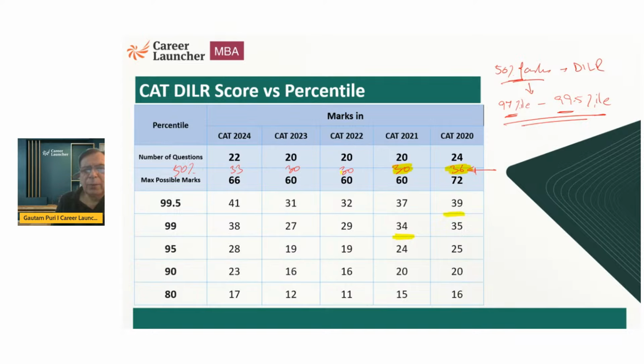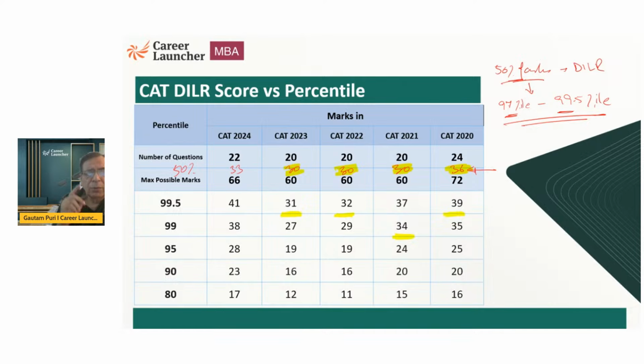But the same 50% marks in CAT 22, which was a much more difficult paper, would have got you above 99 percentile, something like 99.1 or 99.2. And the same 30 marks in CAT 23 would have got you almost a 99.5 percentile.